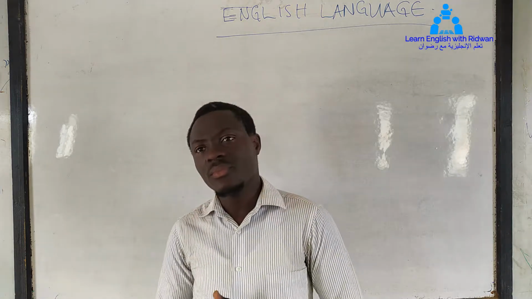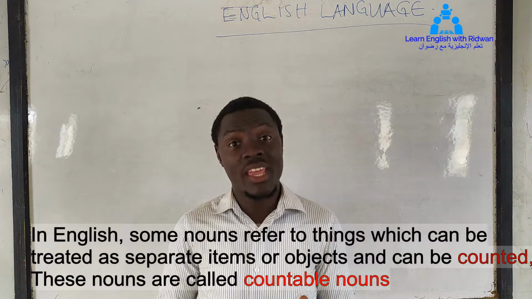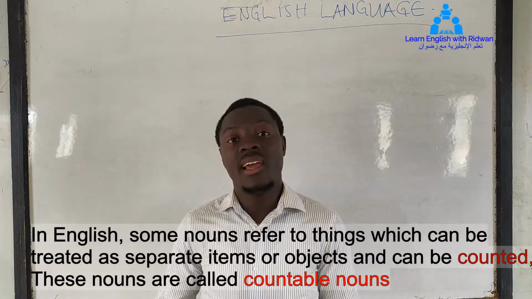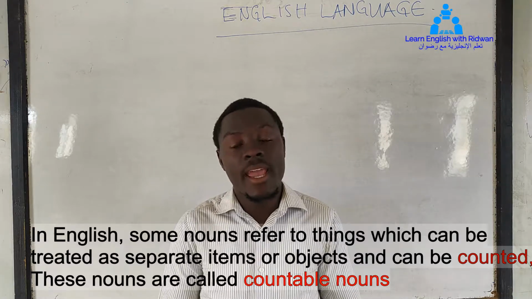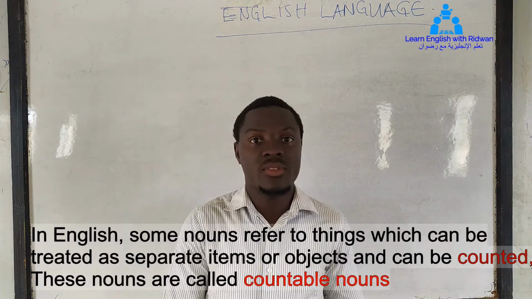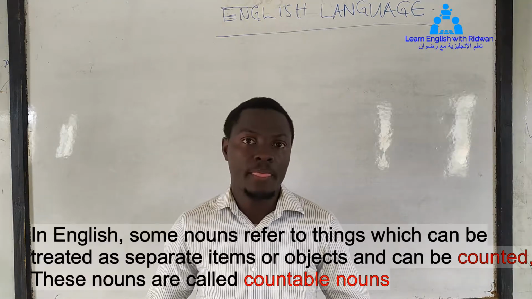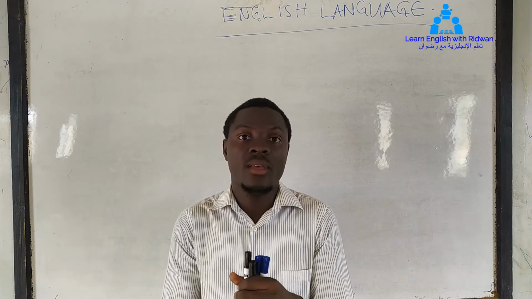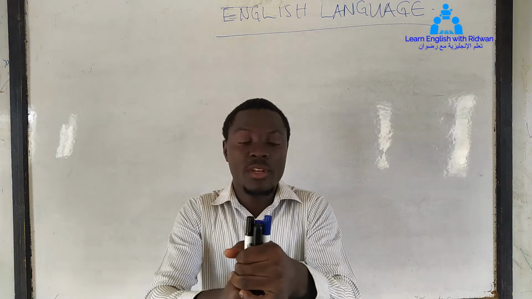Now, when you look at English language, some nouns refer to things which in English are treated as separate items. They are treated as separate objects. Now these items are referred to as countable nouns because since they are treated as separate objects, they can be separated from each other. What I'm saying is, right now I have a handful of markers. Now these things are in a mass form, they've been grouped.